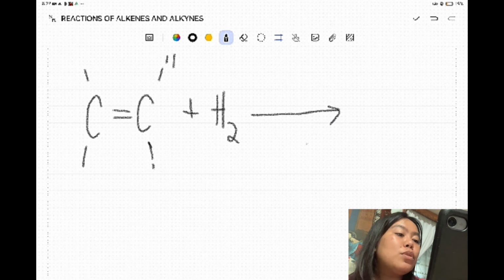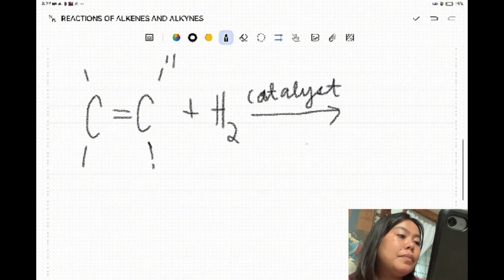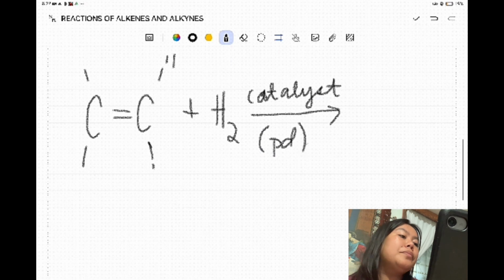Then a catalyst comes in. In this scenario, Pd.